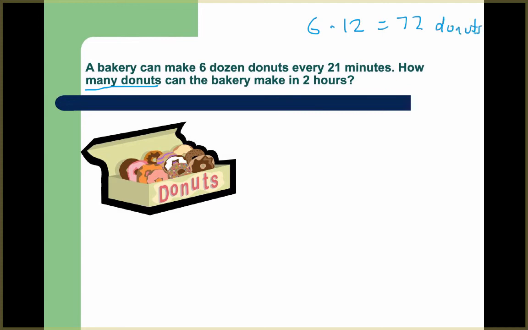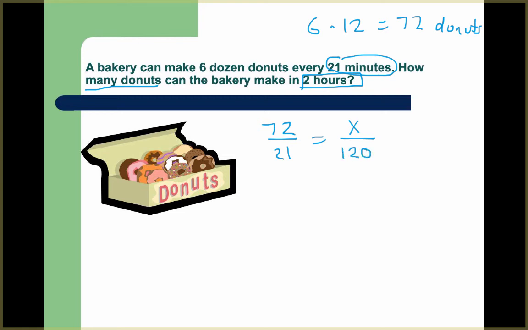Now we can set up a proportion. So if we're doing 72 donuts in 21 minutes, we want to find out how many donuts we make in 2 hours. This is in minutes, so we have to convert our hours into minutes. There are 60 minutes in an hour, so that means there are 120 minutes in 2 hours.